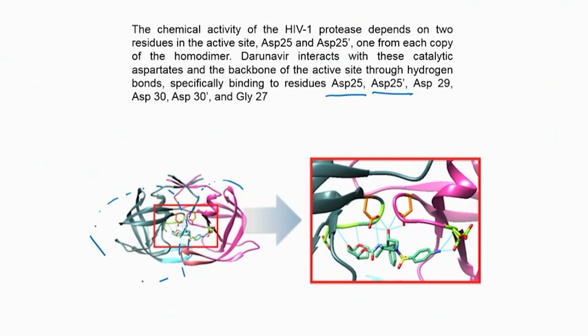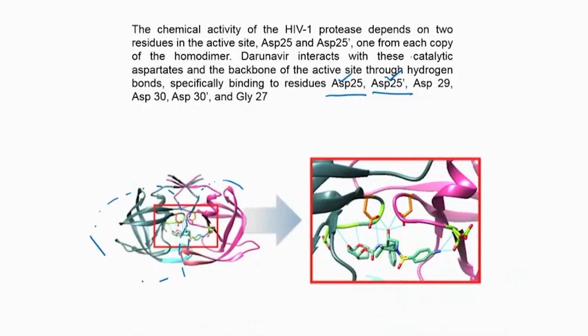So, it binds with aspartate 25 and 25 prime, the key sites which do the hydrolysis, which actually coordinate to the water molecule, and in addition to that it has other binding partners, that is why it works at the nanomolar level. Okay. So, we have now discussed how to develop antiviral drugs.